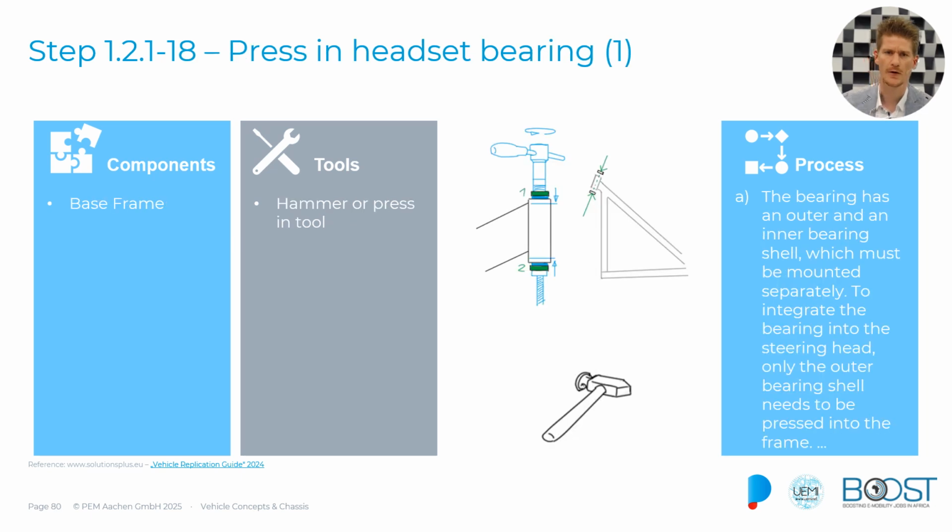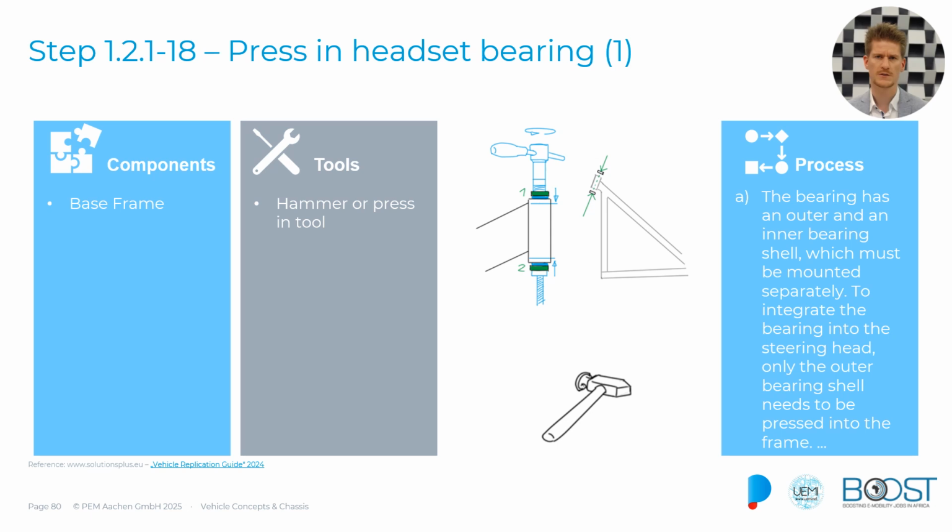The next step would then be to have a look at the bearing, because we need to have some smoothness and some security in that. So we take the bearing, so we have an inner bearing and an outer bearing shell, and they must be mounted separately into the tube.